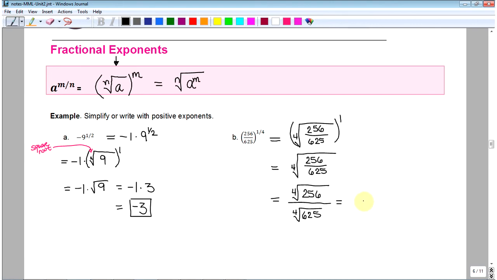And that number is going to be 4. In the denominator, we're looking for the number that when we multiply it by itself 4 times, it gives us 625 for an answer. And that number is 5. Don't hesitate to use your calculator to help you with these calculations if you need to.